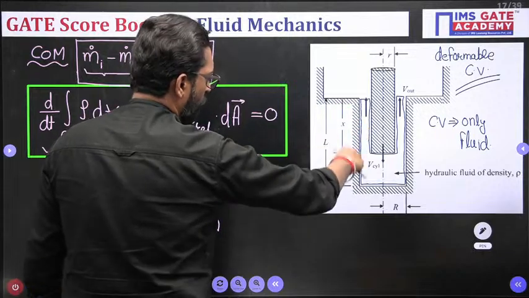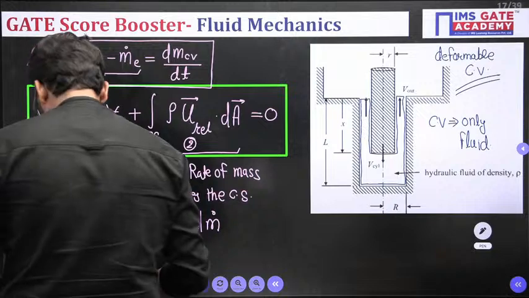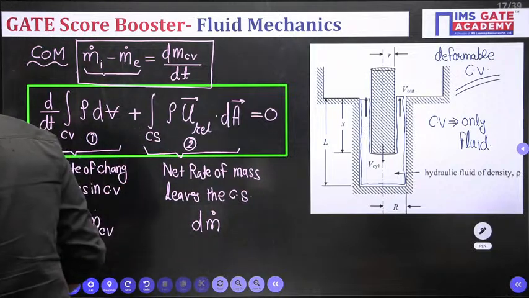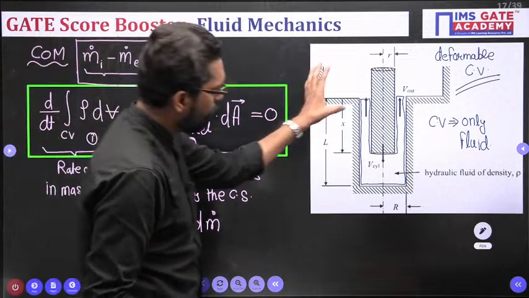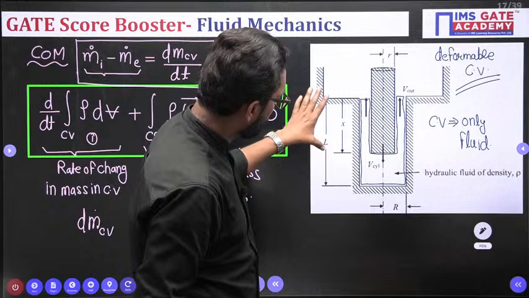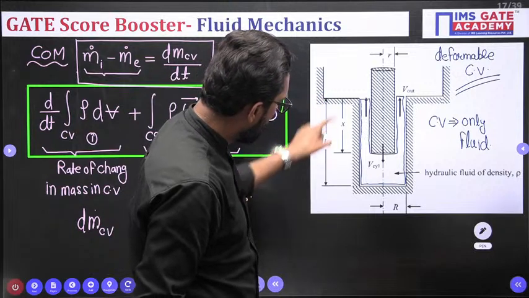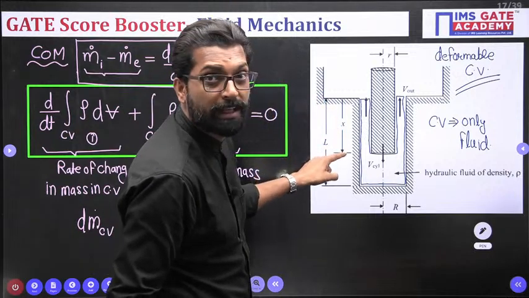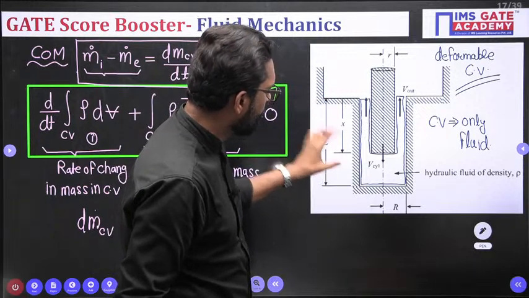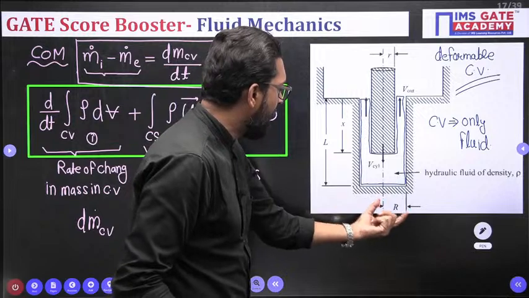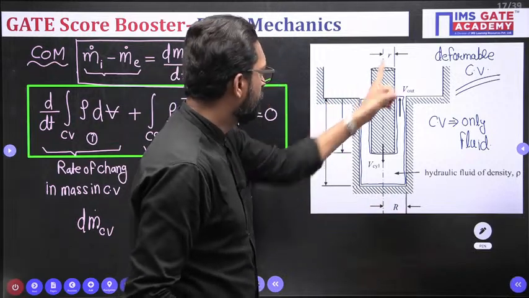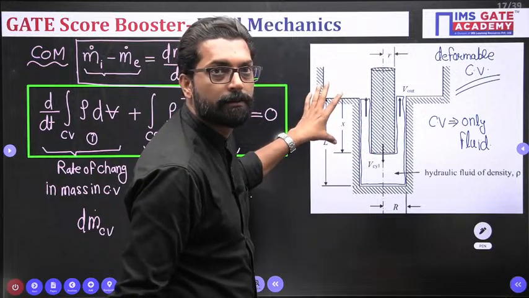The change in volume of the control volume: initially the total control volume, and with respect to x the control volume changes. So the volume is pi capital R square into L minus pi small r square into x. Yes or not?